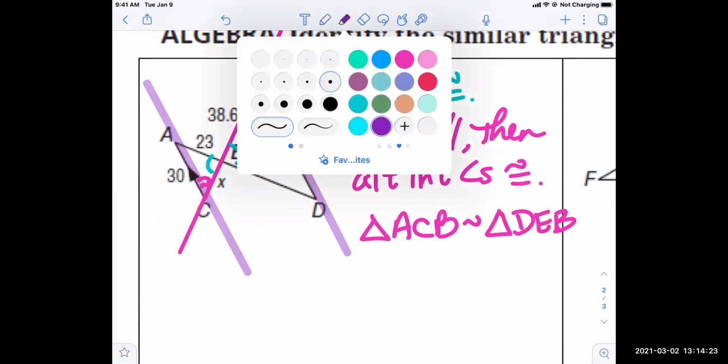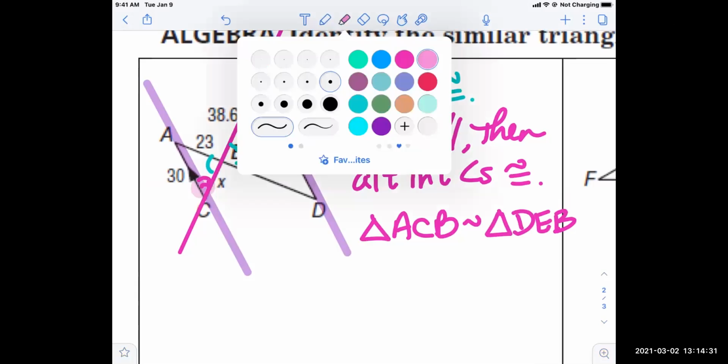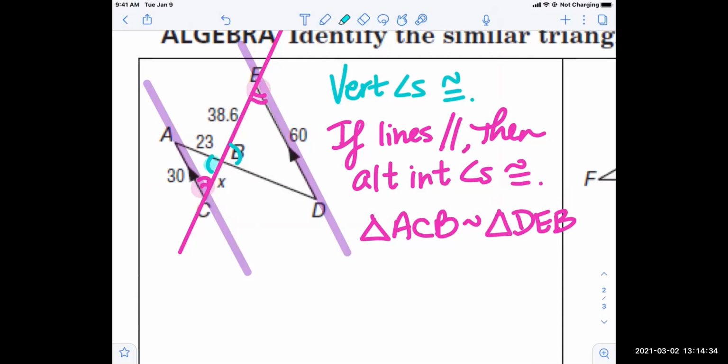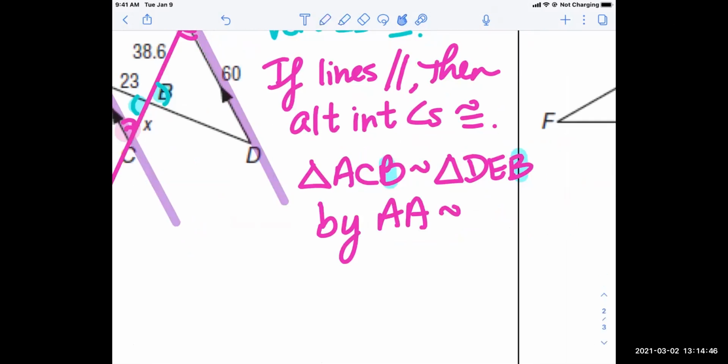Okay, so you can see, because we already determined that we have the alternate interiors there, you can tell that those guys have to go together, and you can tell that the vertical angles have to go together, right? So she had to have B and B matched up, and then you get the other angles match up the same.